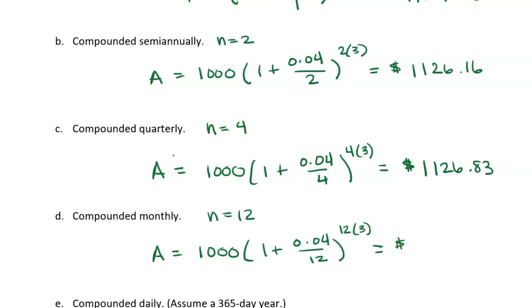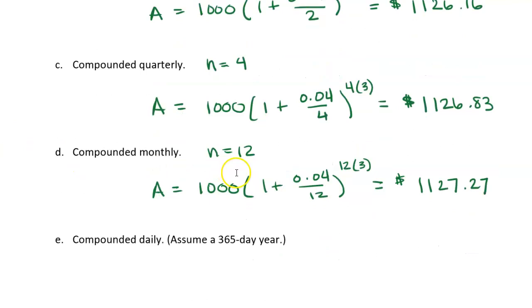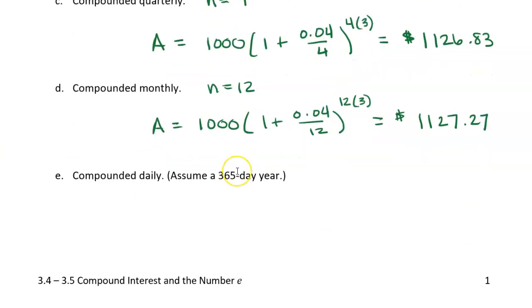So put that into the calculator. What did I get? I got $1,127.27. All right, one more here. Now we're going to compound it daily. Again, I'm going to plug the numbers into the formula. This time, it's compounded 365 times a year.